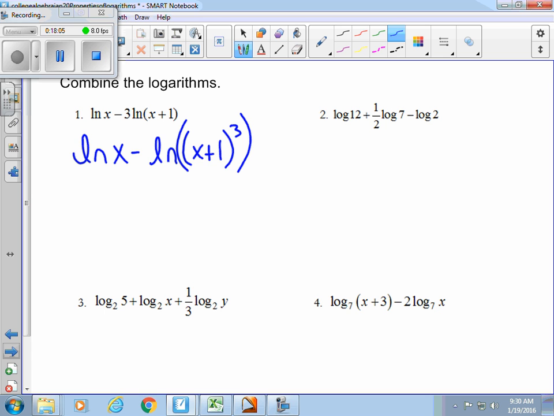Now, can I put those together? Which property? Subtraction. Remember, if you are putting two logarithms together, don't write natural log more than once, because you're putting them into one logarithm.